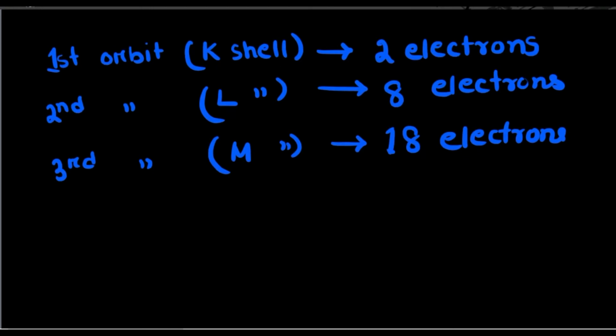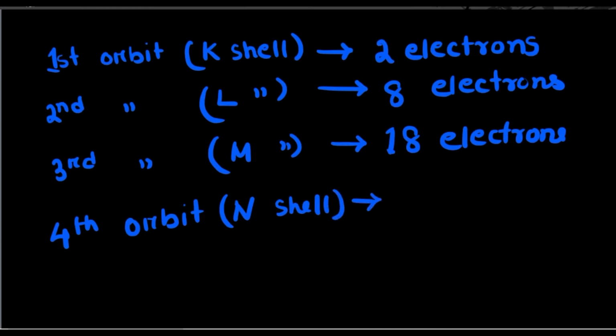The fourth orbit or the N shell can accommodate a maximum of 32 electrons. So the orbit continues to increase in a similar manner. Now we will learn the distribution of electrons in these orbits or the shells.